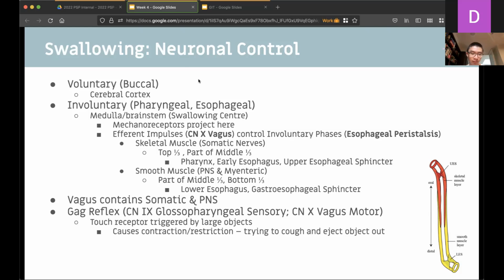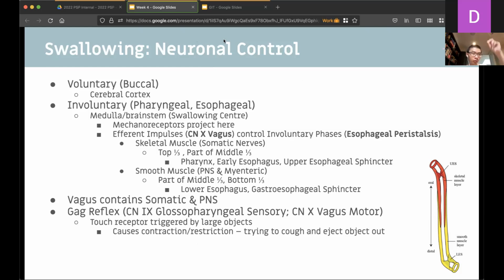That's mediated mainly by the glossopharyngeal sensory nerve, which senses whether there's something there, and then you've got your vagus motor carrying out the gag reflex. So when you've got a large object, the body tries to contract and restrict to cough out or eject the object.